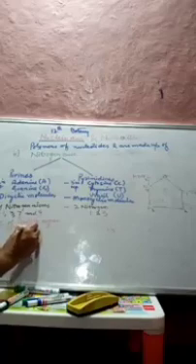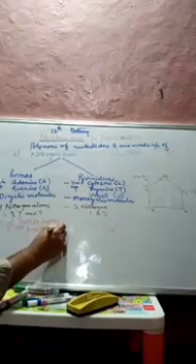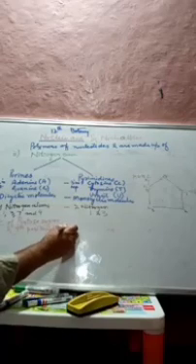The first carbon of the pentose sugar, and the ninth position of purine. But here, in case of purines we have got 4 nitrogen atoms, positioned at 1st, 3rd, 7th and 9th.